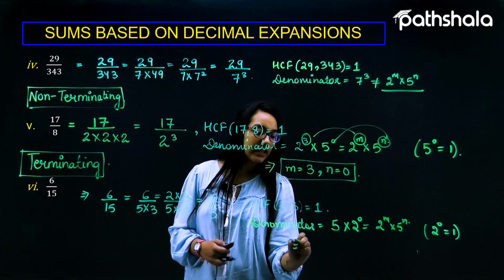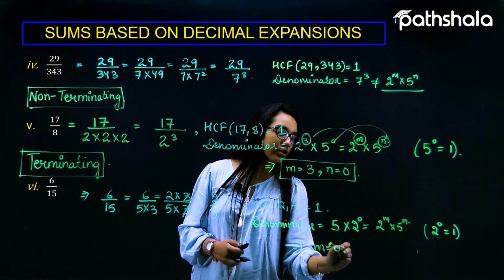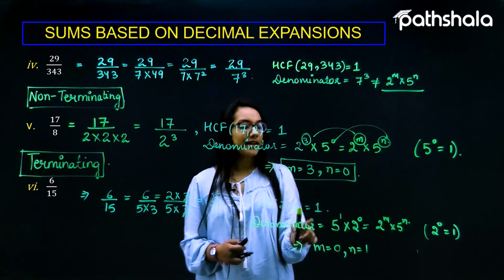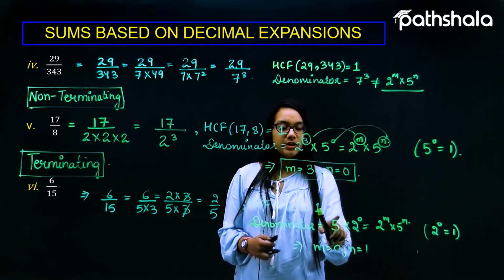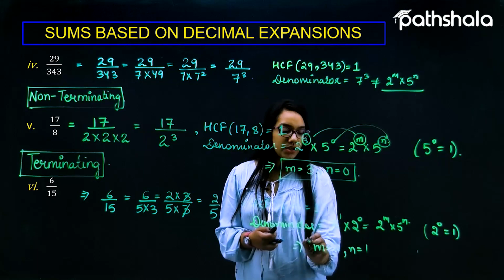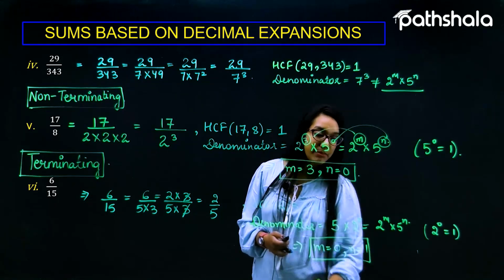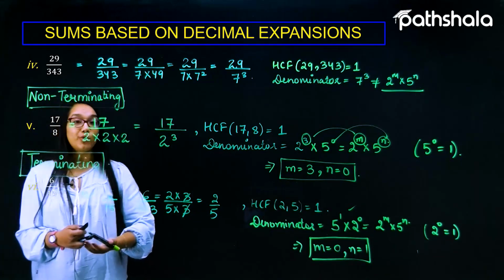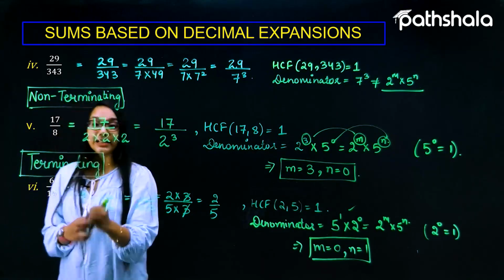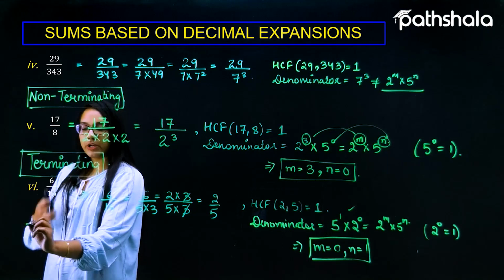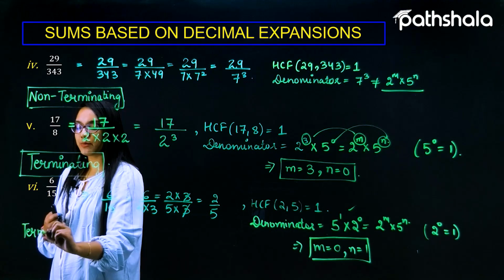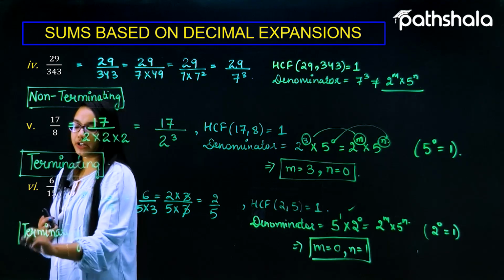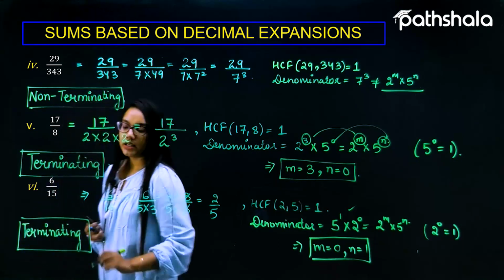By comparison, m is 0 and n is 1. It means that the denominator can be expressed in that form, and hence the expansion of this rational number should be terminating. So the answer for this one is terminating.